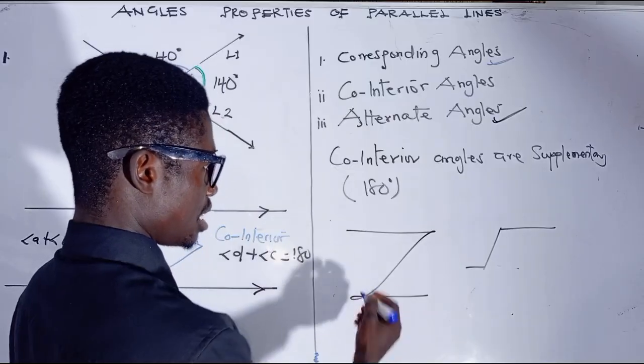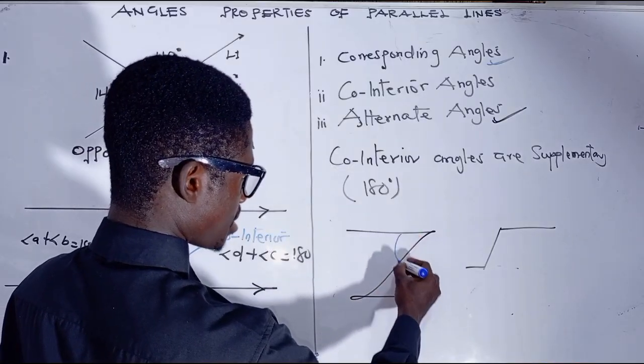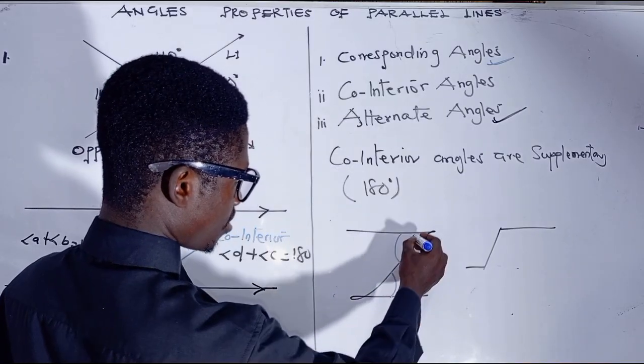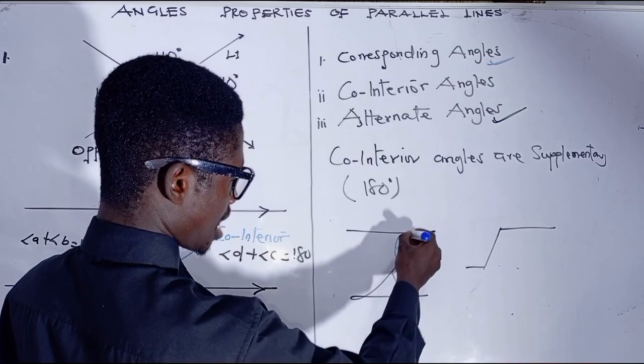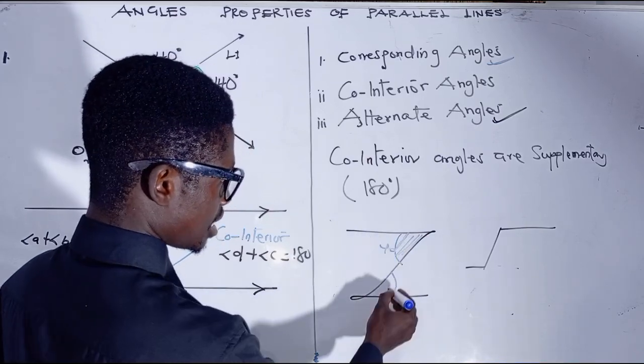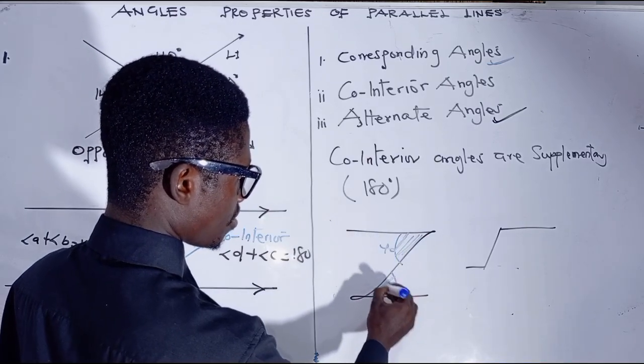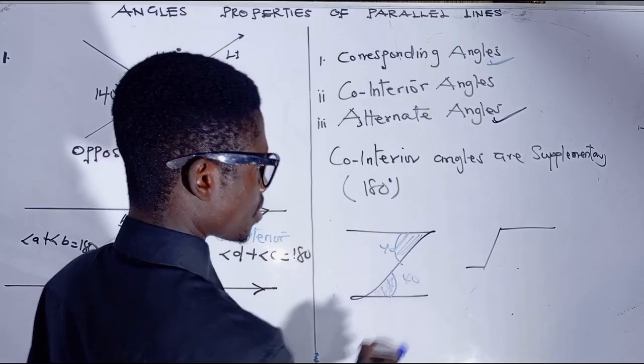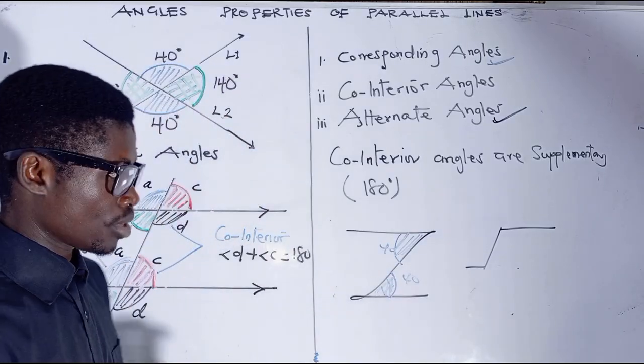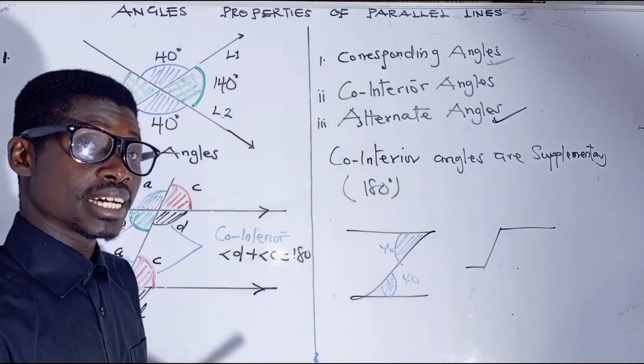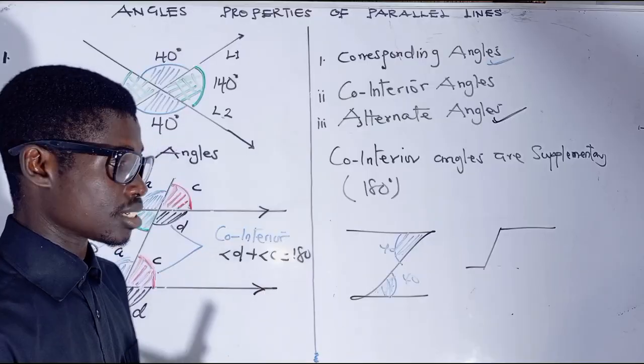With the alternate angle, the angle formed here is equal to the angle formed here. So if this angle is, let's say, 40 degrees, then this angle will also be what? 40 degrees. We call them the alternate angles. So when you see any shape of this form, you can apply the alternate angle concept.